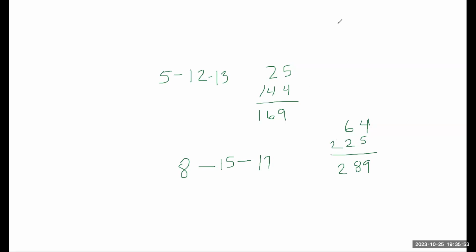Next, in your notes, you have a 7, 24, dash, what does the hypotenuse have to be? Now, if you think about this, 7 is not a very long side of a right triangle. 24 is actually rather long in comparison to the 7.